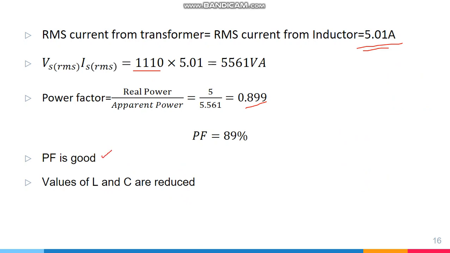And the other advantage of using an LC filter is that the values of the inductor and capacitor are very much reduced. The power factor is good, and an additional thing is that in a setup like this, we have the inductor on the input side and the capacitor at the output side.